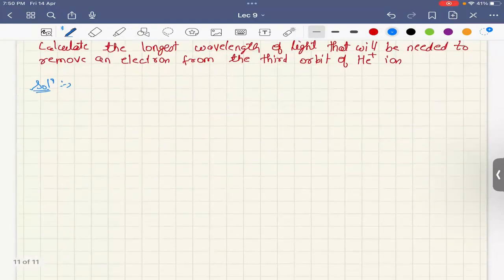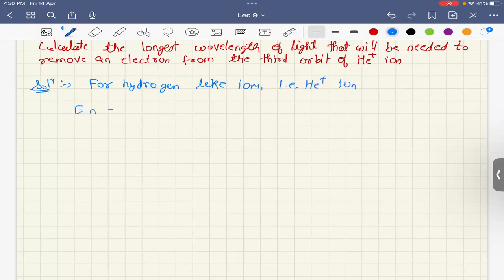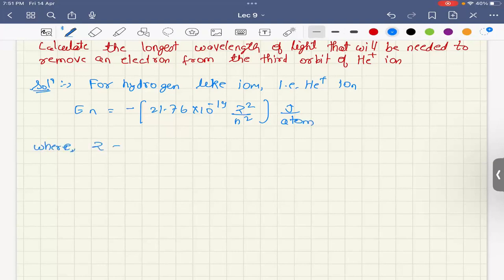Right. So here for hydrogen like ions, that is He plus ion, we know En is given by 21.76 × 10 raised to power minus 19 Z square by n square joule per atom, right, where Z is nothing but atomic number, right?